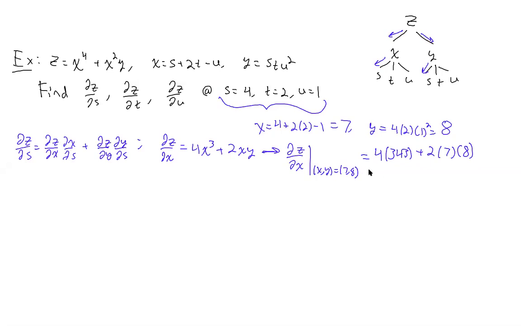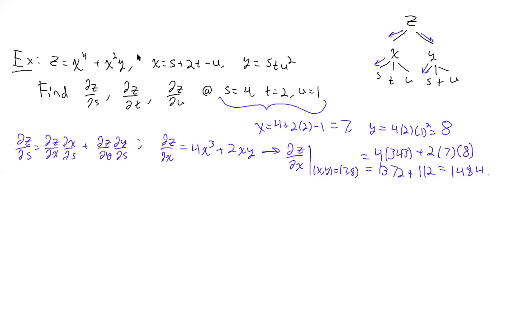And what that becomes, 4 times 343, 4 times 2, so 2 times 343, is going to come out to 1,372 plus 14 times 8. 7 times 8 is 56, and 56 times 2 is 112. Or in other words, 1,484. All right?